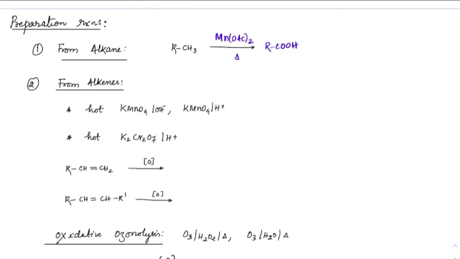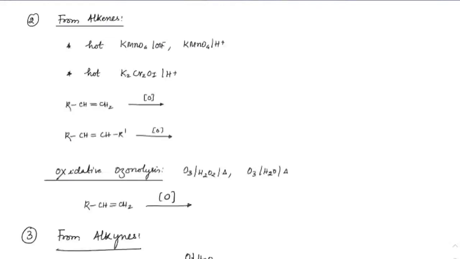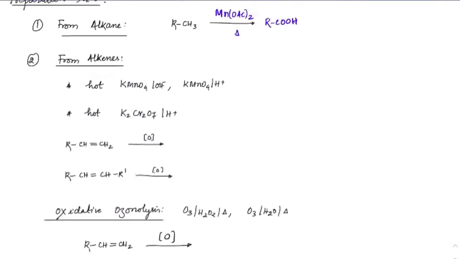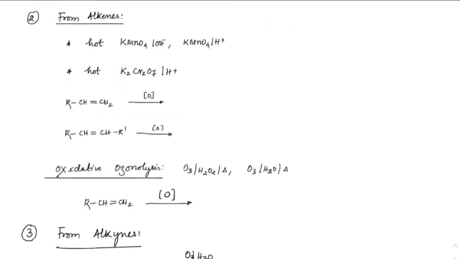No mechanism for this, just need to remember that manganese acetate on heating with RCH3 will produce RCOOH. Next, write down that first from alkanes. Then write it from alkenes.